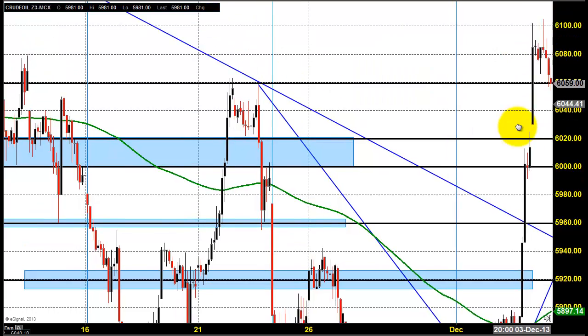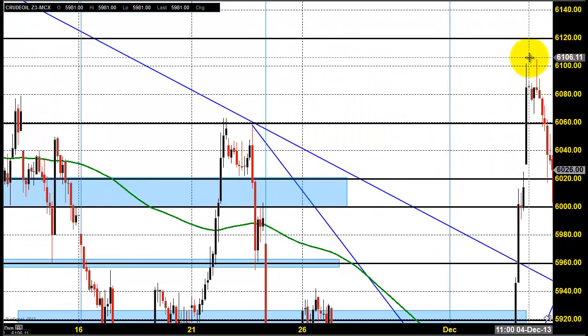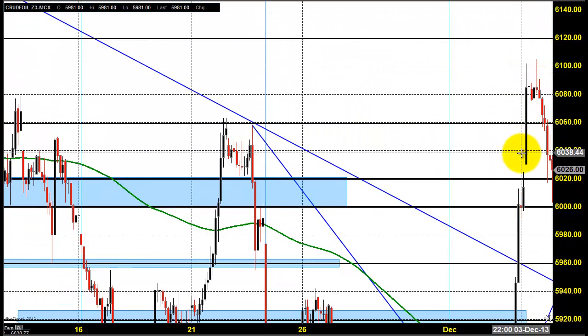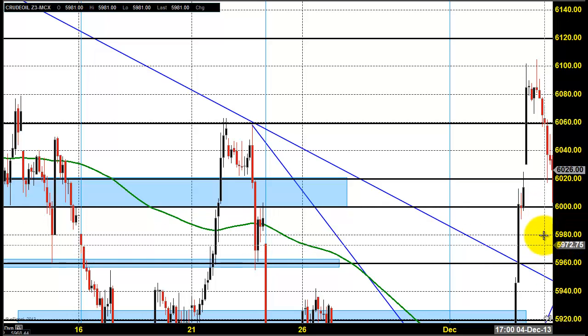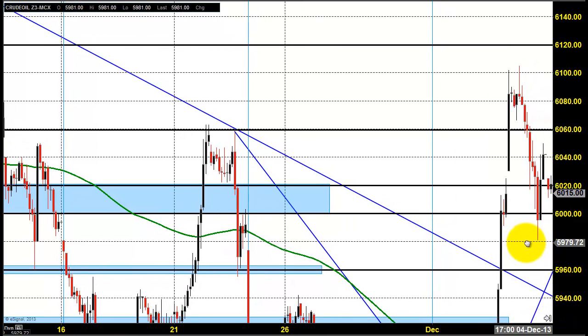On the next day, the price opened higher and it tried to test 6120 also. Then we expected crude to continue its uptrend, having 6020 and 6000 as one of the key major zones, and also this 5960 as the bottom support zone.